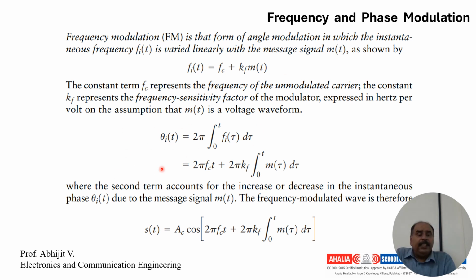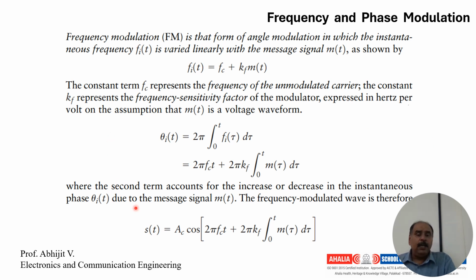So phi of t, the change in angle, is defined as 2 pi integral 0 to t of fi of tau d tau. This is equal to 2 pi fc t plus 2 pi Kf integral 0 to t of m of tau d tau.